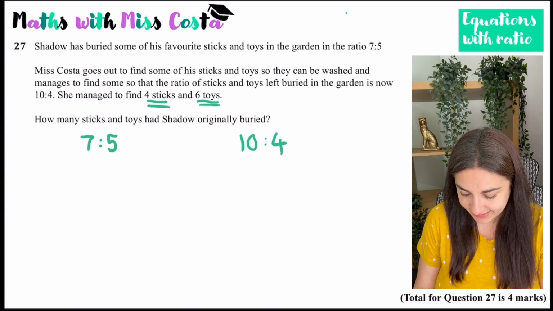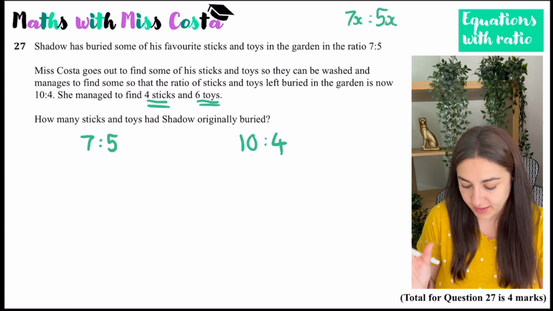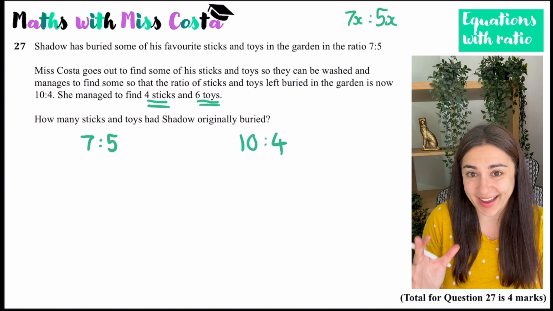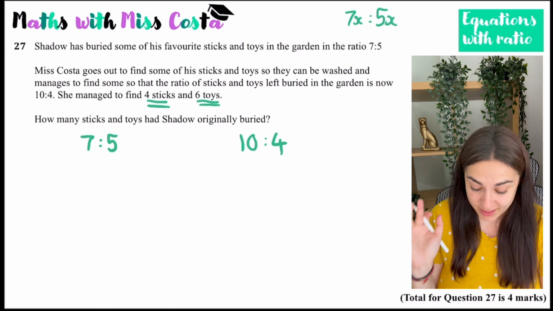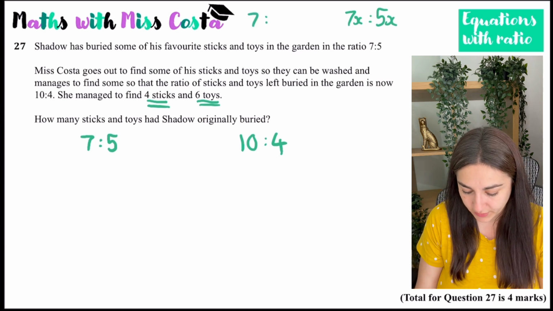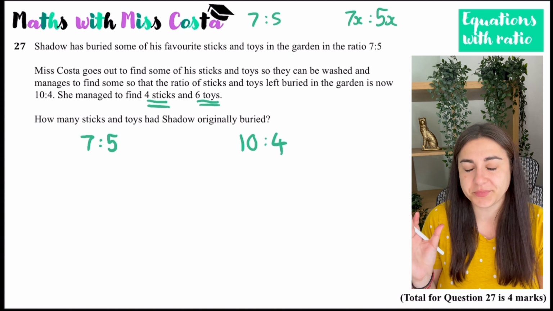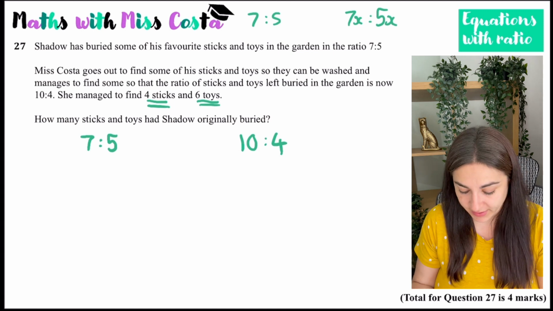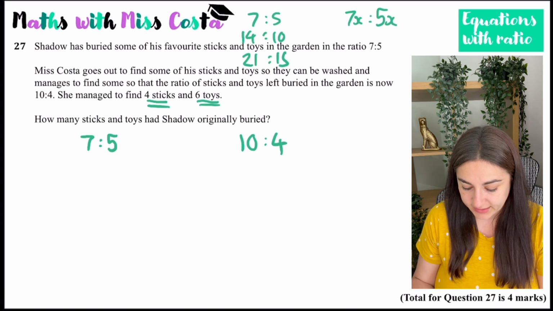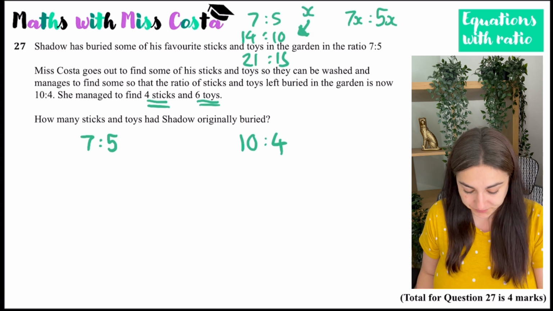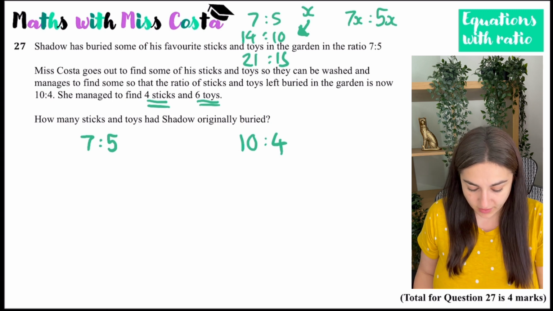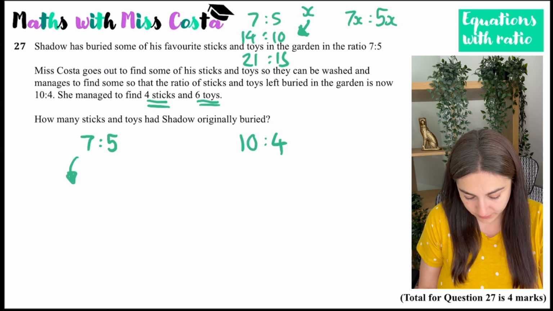So however many sticks there were, 7x to 5x, I can write that as an expression. And the reason I do that is because there aren't necessarily 7 sticks and 5 toys. I just know that it's in the ratio, so it could have been 14 to 10, it could have been 21 to 15. So whatever x is, it's a multiple of however many sticks and toys there were. So I could say that the original amount would have been 7x to 5x.